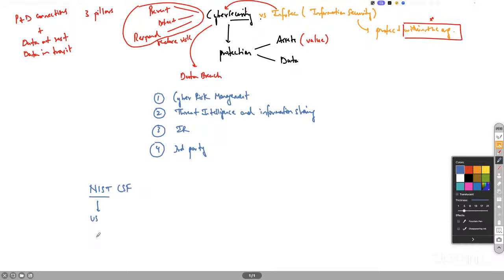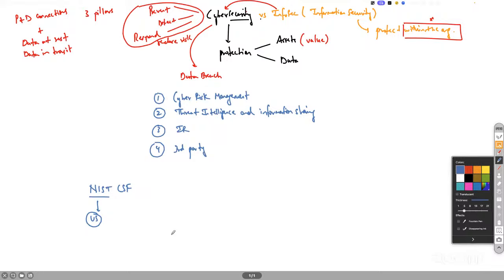So NIST CSF, or NIST Cybersecurity Framework, is a collection of different standards and best practices to help organizations manage cybersecurity risks. Since it's by a US-based organization, NIST is typically very common and used a lot in the US.